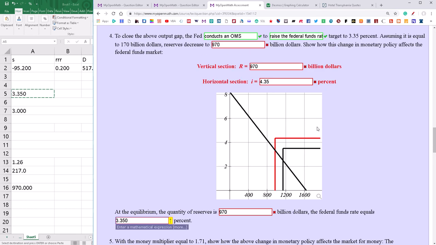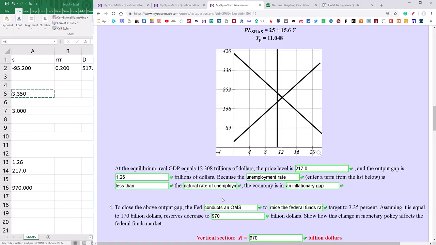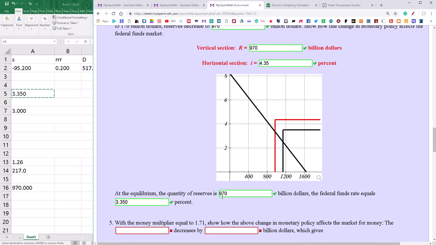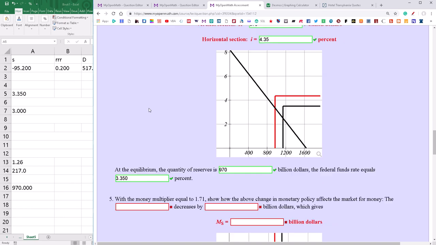Okay? And that equals the target, doesn't it? That equals the target. Okay? We'll hit enter and make sure that we got everything correct. And it looks like we do. Now, the open market sale was $170 billion, and the multiplier is 1.71.